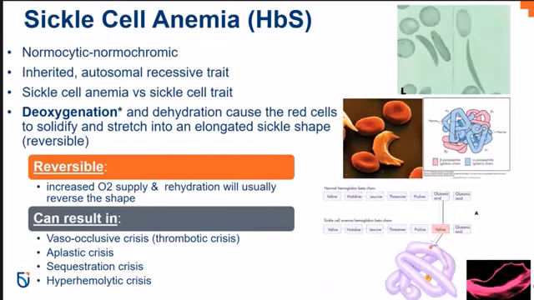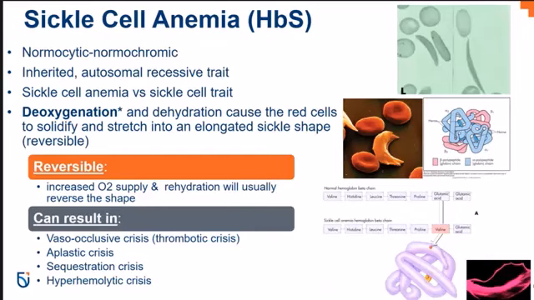So if you have a child with sickle cell anemia and they end up contracting Fifth's disease, the effect that can occur is aplastic crisis, where their bone marrow stops producing red blood cells for a relatively short period of time, which can cause major problems because the body's still undergoing hemolysis, breaking down red blood cells, and we're not producing really any. So it can cause a severe drop in red blood cell count and, of course, hemoglobin as well.